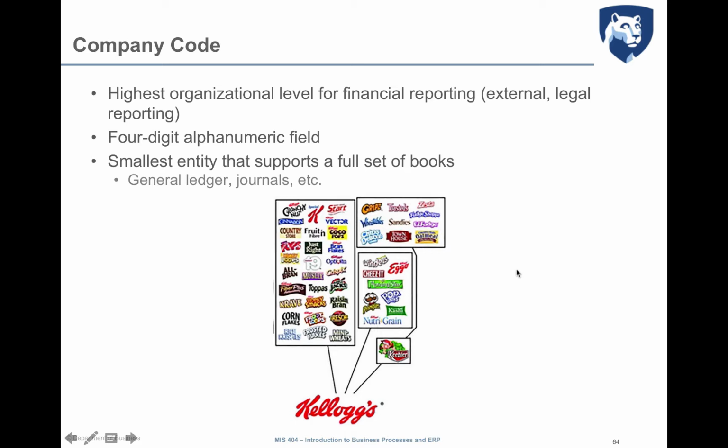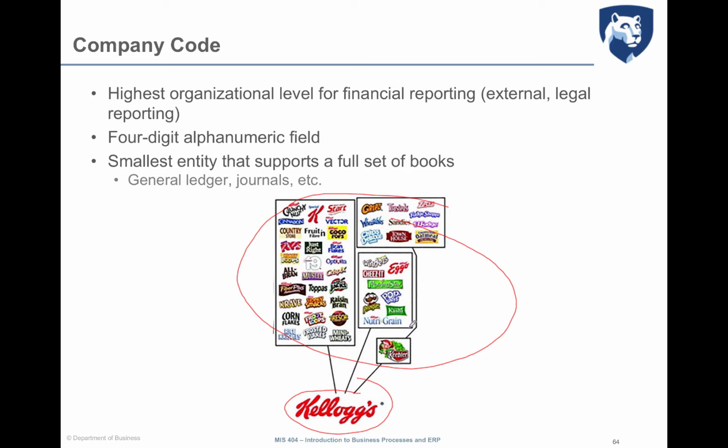Then, if we go to company code, of course, the various companies associated to a client are represented by a company code. Company codes are the highest level for financial reporting, meaning the documents that we have seen in the previous session. Here you see the example for Kellogg's. Sticking with our example, all these companies, which belong to the same client, Kellogg's, will have a specific company code and their specific financial statement.